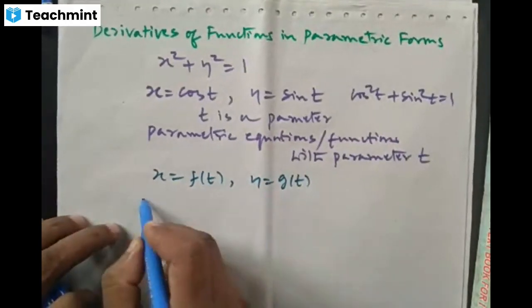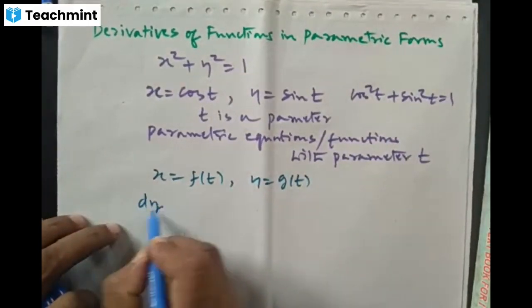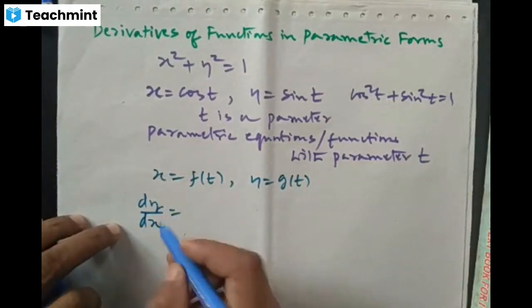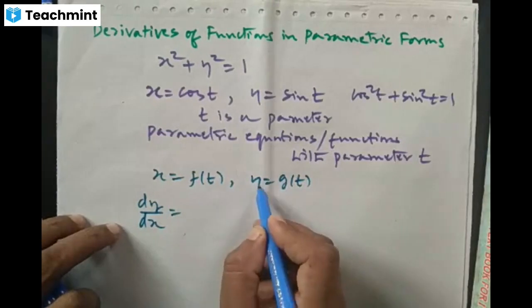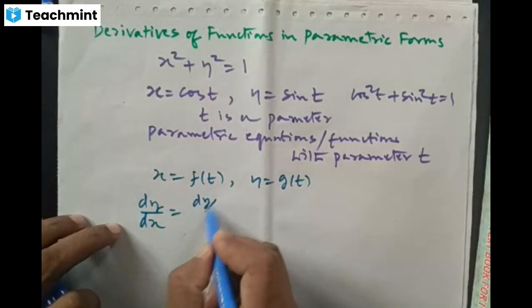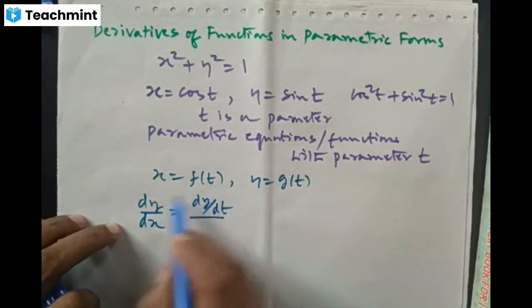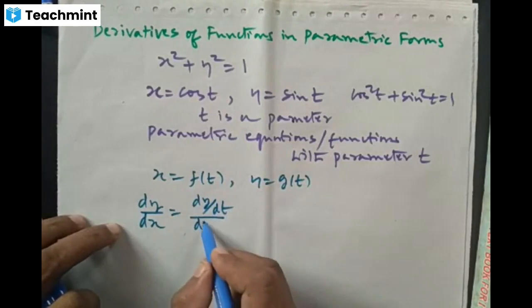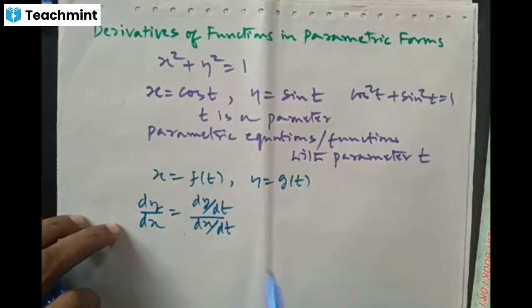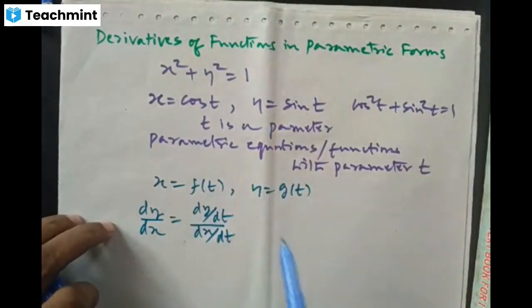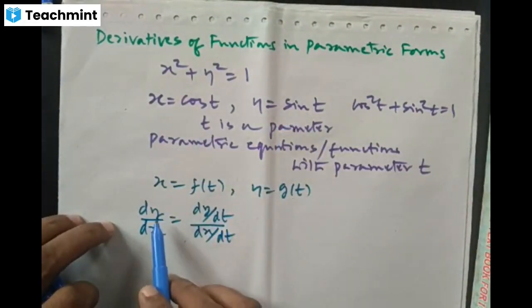In such a case, to find dy by dx, we use the formula: y is a function of t, so I can differentiate y with respect to t, so dy by dt divided by dx by dt, since x is a function of t, so I can differentiate x with respect to t.